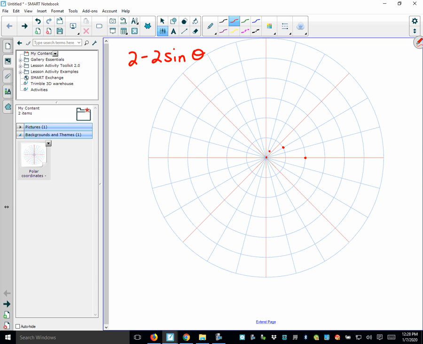I'm just trying to find the trace, but oh, found it. 120 degrees, 0.26. 150 degrees, 1. 180 degrees, 2. You notice I'm doing every 30 degrees? Is that what we have to do? Yes.